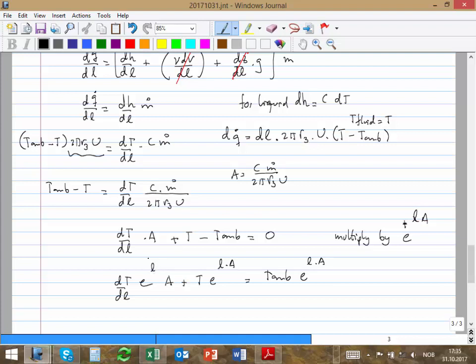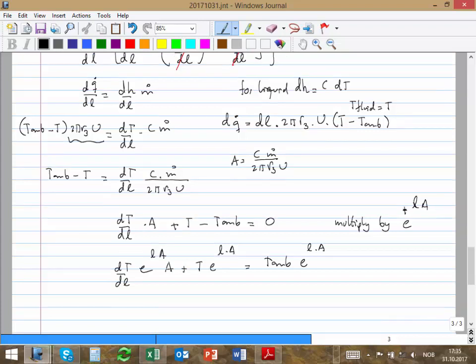Okay, because this one is equivalent to the derivative with respect to length of e^(L/a) times t, equal to T ambient e^(L/a) times a. Yes, because I have to derive here the first one, without deriving this one, so that's how I get this guy here.